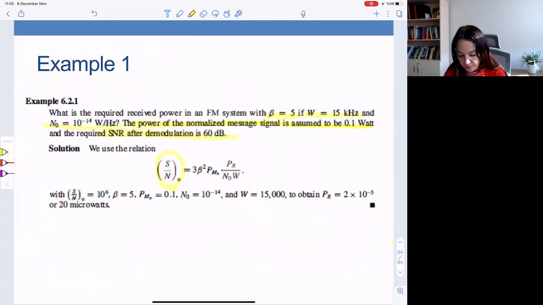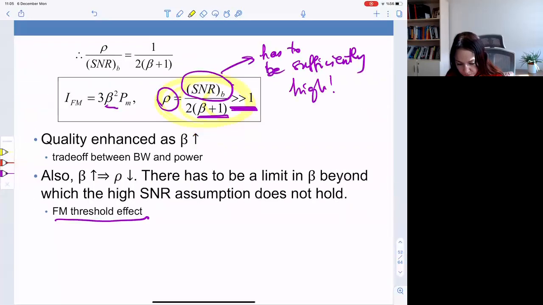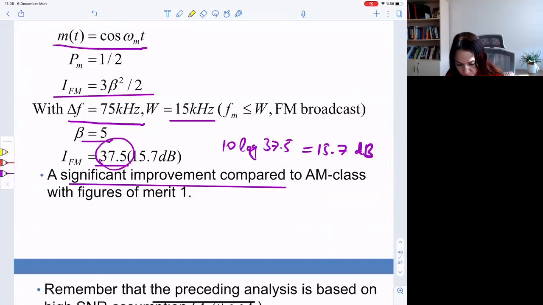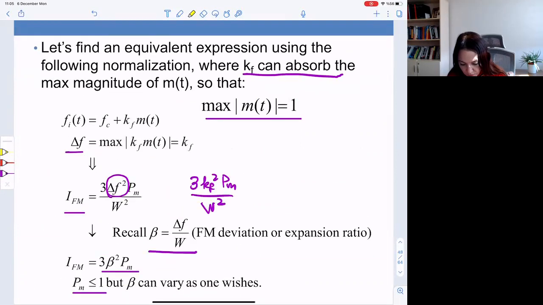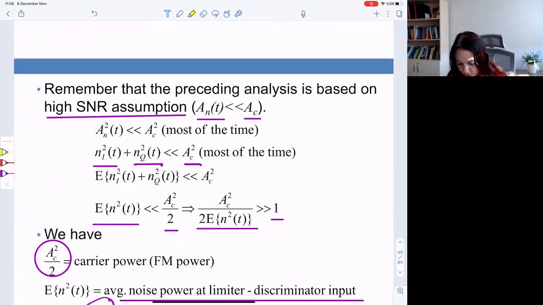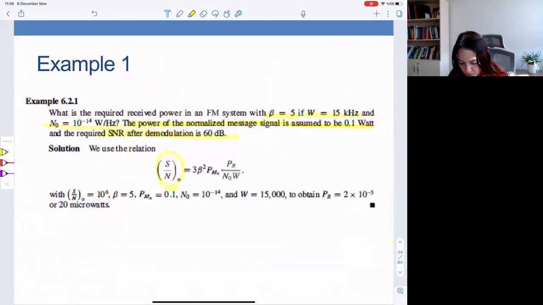And KF can be replaced in this case with delta F, and delta F over W is beta, so that's why we can arrive at this expression. So check this as homework.